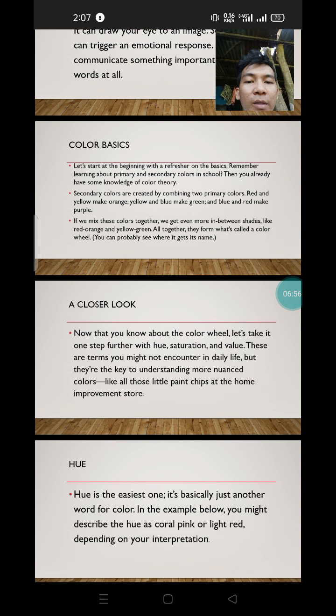Red and yellow make orange, yellow and blue make green, and blue and red make purple. If we mix them together, we get even more in-between shades like red-orange and yellow-green. Altogether, they form what's called a color wheel.